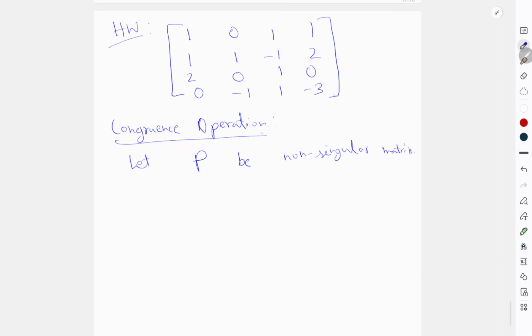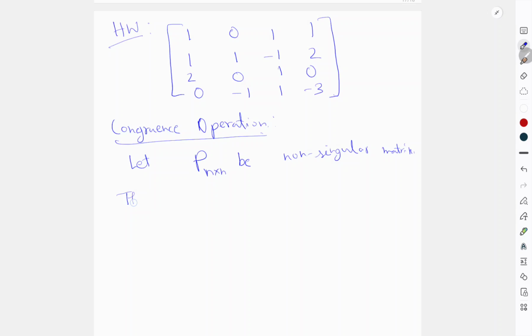Because when a matrix is non-singular, its determinant is non-zero, so it has the highest order minor. If it is n cross n, you can say its rank is n.